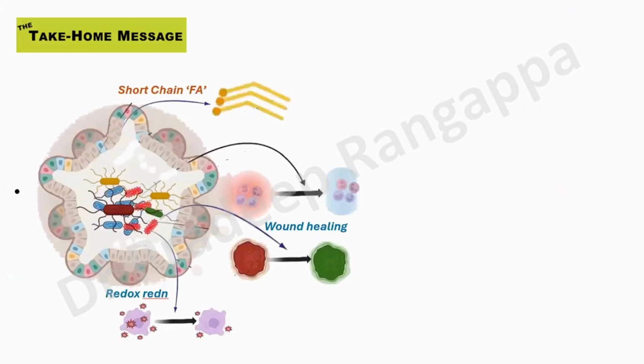So the take-home message is to understand this figure. We all have a microbiome, which has multimodal favorable effects: wound healing, anti-inflammatory effect, reduced redox reaction, and it augments the presence of short-chain fatty acids like acetate, butyrates, propionates, which are all needed for maintaining gut integrity.